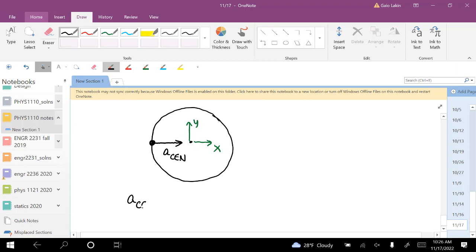The magnitude of that acceleration is speed squared divided by r, which we know is 49.05 meters per second squared. That's what we want.